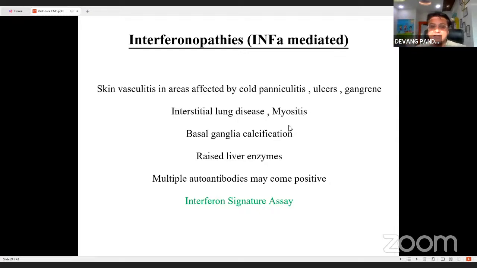And interstitial lung disease, basal ganglia calcification, myositis, and in this interferonopathy it can raise liver enzymes due to secondary involvement. And this is an autoinflammatory disease. We'll find multiple autoantibodies coming positive, and it gets confused with many rheumatological disorders. In some centers, other than genetic analysis, we do an interferon signature assay, which is again a genetic analysis, but it is more than NGS.